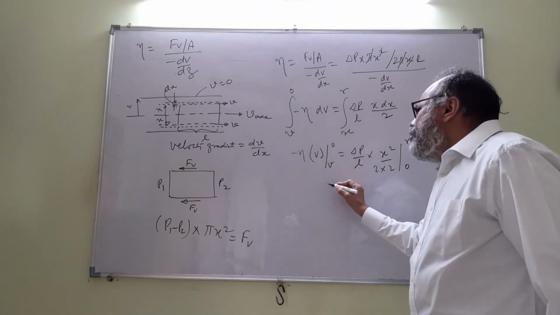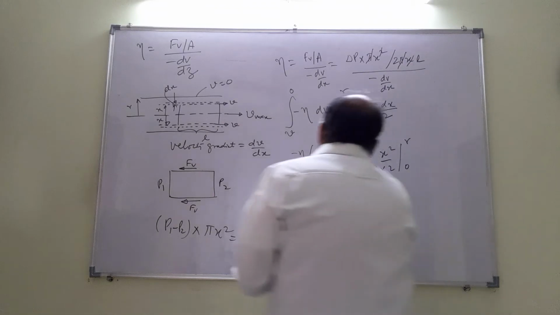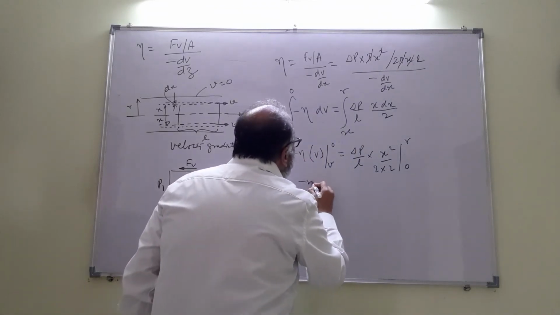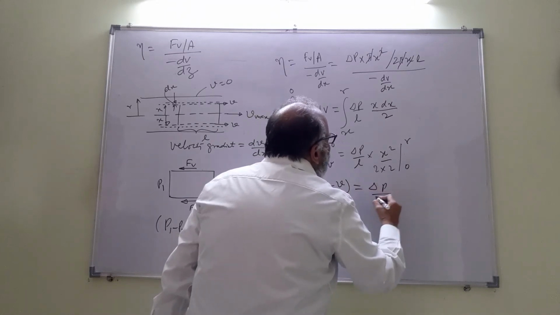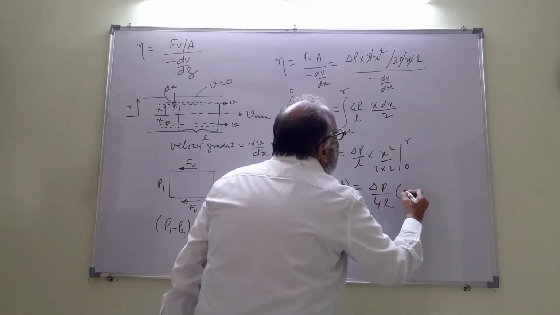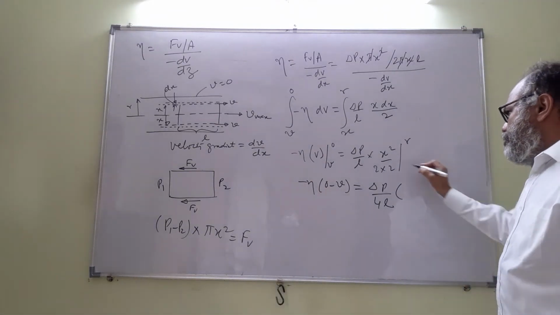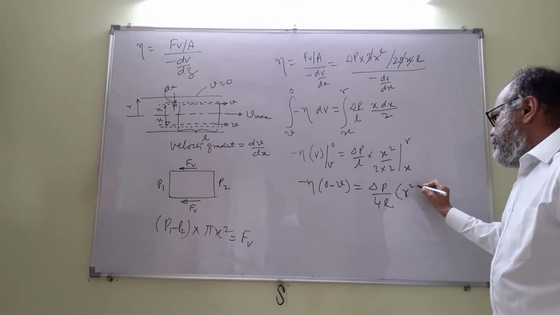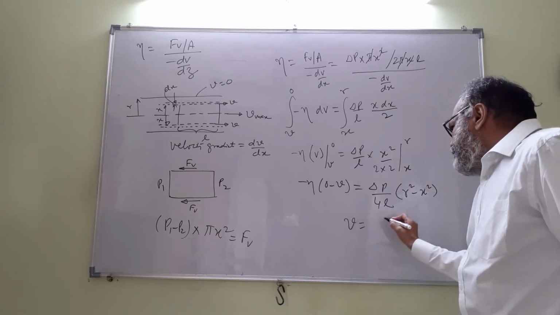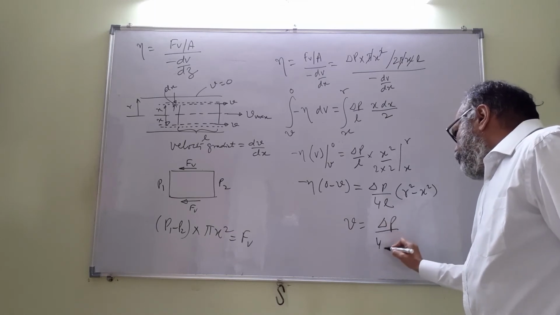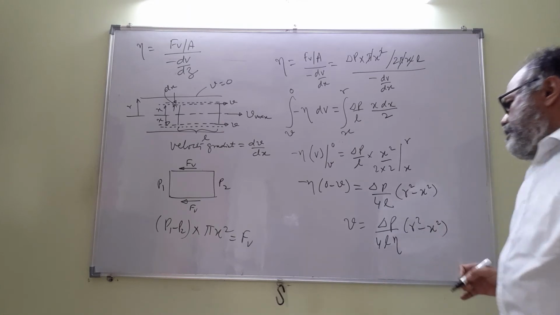So this is going to be minus eta times (0 minus v) equal to delta P by 4L into, this is not 0 to r, this is x to r, so it will be r squared minus x squared. Therefore you get v as delta P by 4L eta into r squared minus x squared.